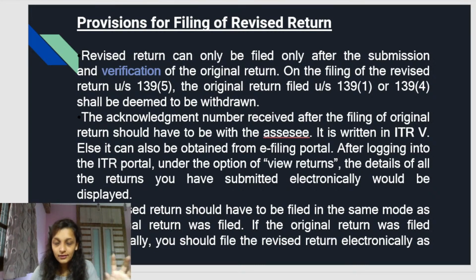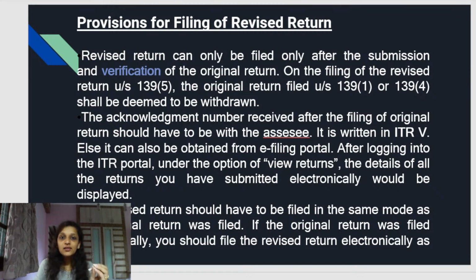So the second time you realize that you have entered incorrect bank account details. Again, you can revise your ITR a second time also. Likewise, you can revise your income tax return as many times as you want, because there is no limit to revising the ITR.